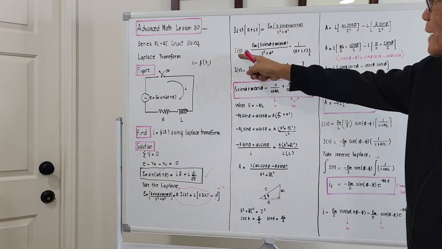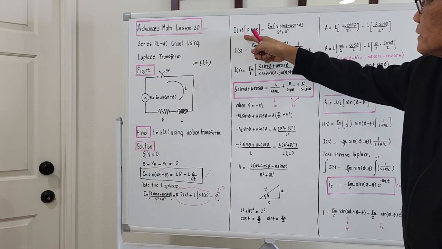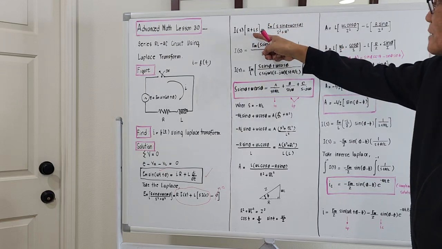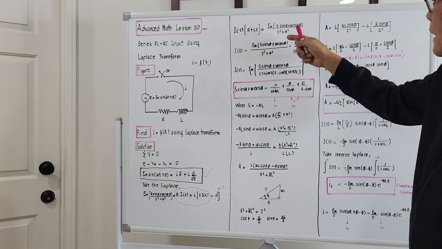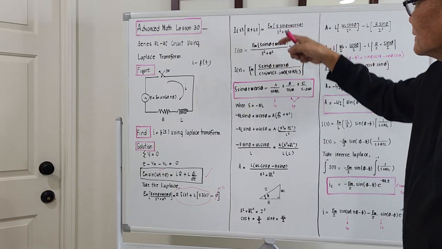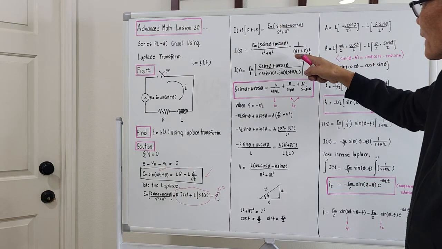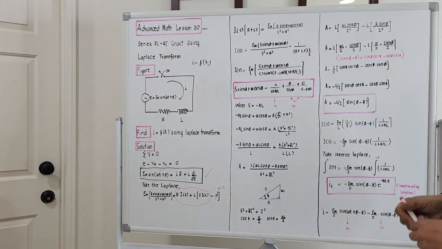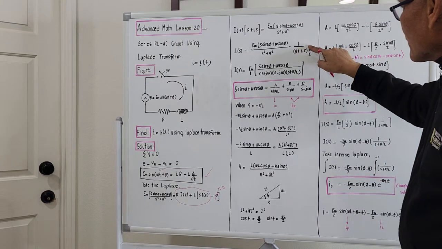Solving for I as a function of S, we divide both sides of the equation by R plus LS. So I rewrite the left hand side as 1 over R plus LS. Then I introduce the L over here.